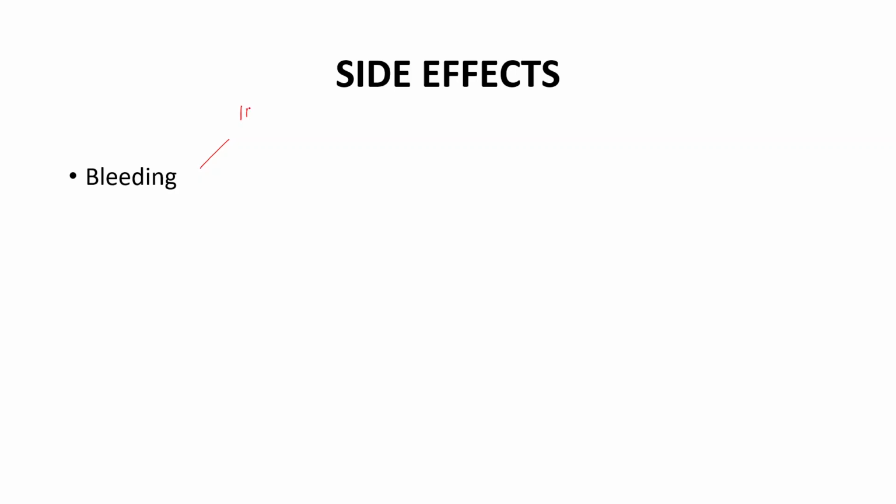Remember, if the INR is more than 3.5 up to 10 and the patient is asymptomatic, that means the patient doesn't have bleeding but on routine INR monitoring you found the INR is more than 3.5 up to 10, you can just withhold warfarin for a few days, repeat the INR, and modify the dose accordingly.